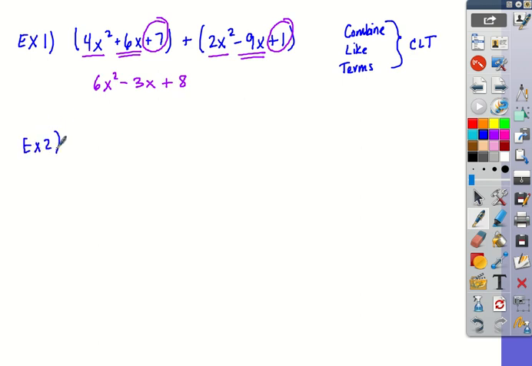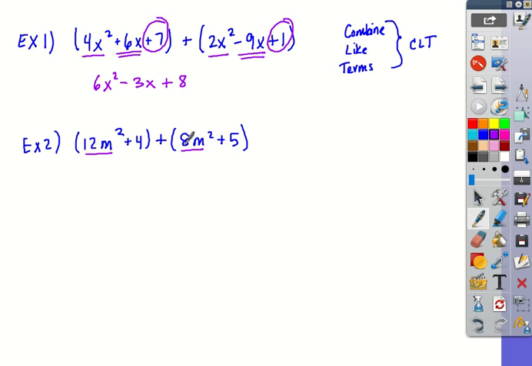Example 2. 12m squared plus 4 plus 8m squared plus 5. Let me change up my color. And let's see, 12m squared is like terms with 8m squared.